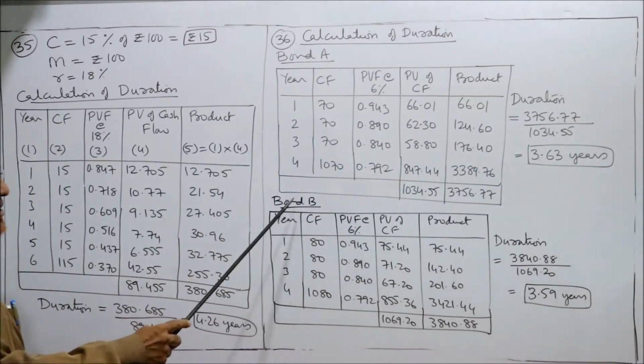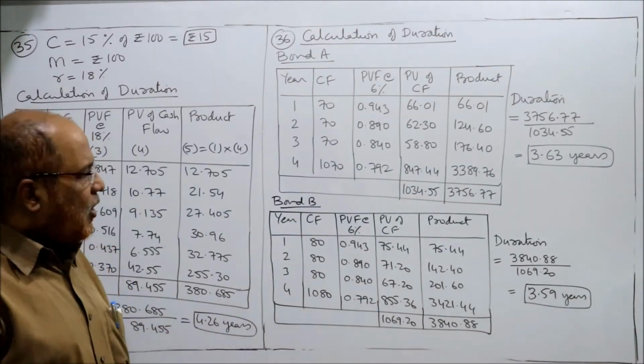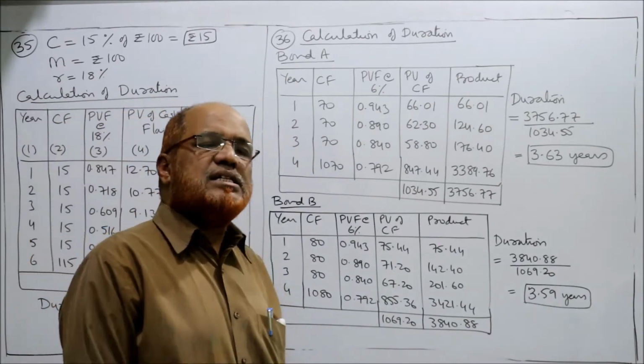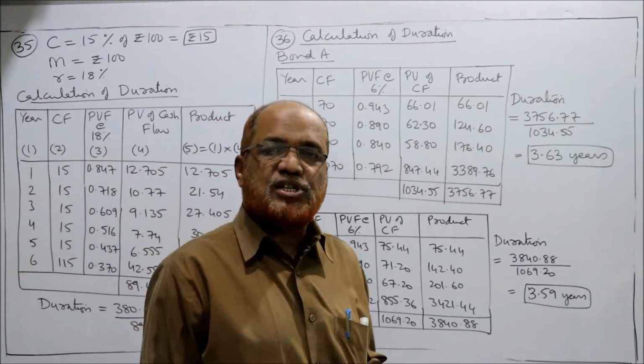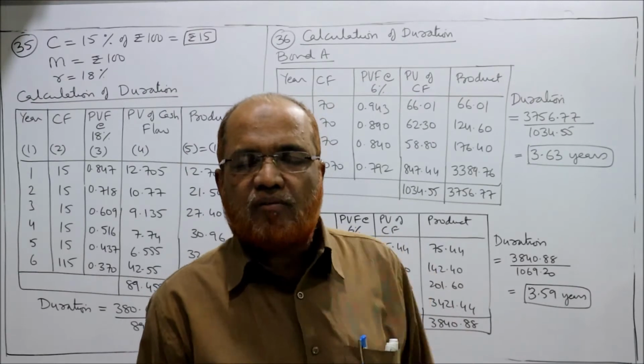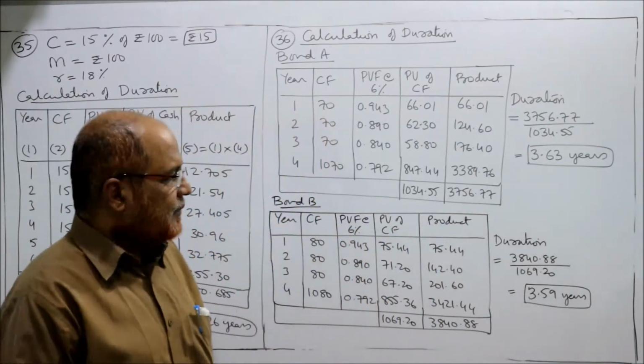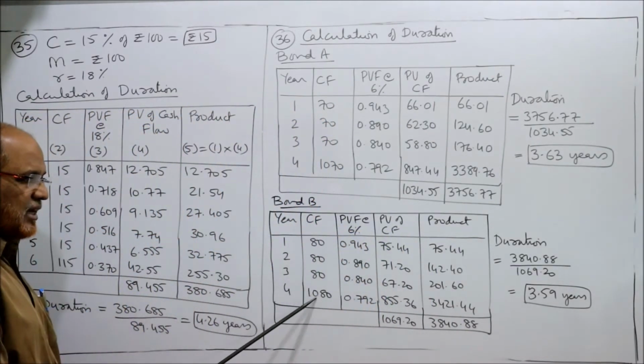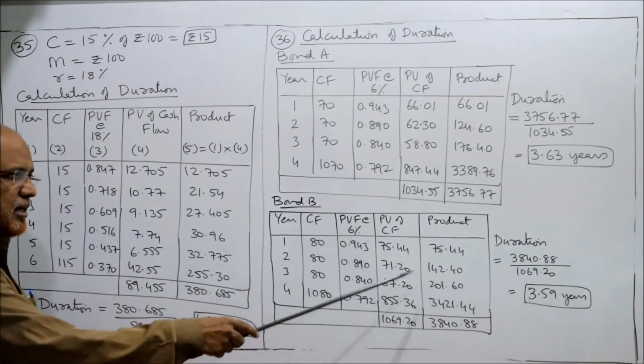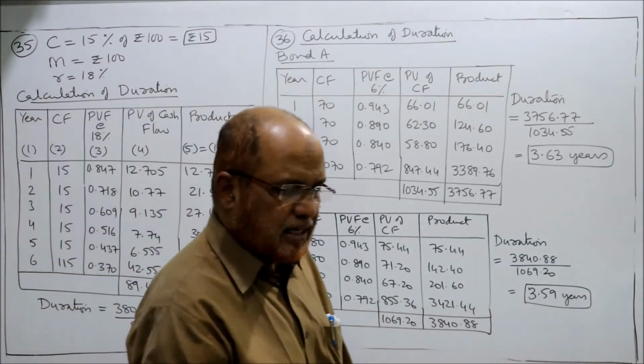That's it. Now same procedure for bond B. For bond B, the coupon rate of interest is 8%. So 8% of 1000 comes to 80. So 80 rupees, 80, 1080. 6% multiply, same procedure, you will get the duration.